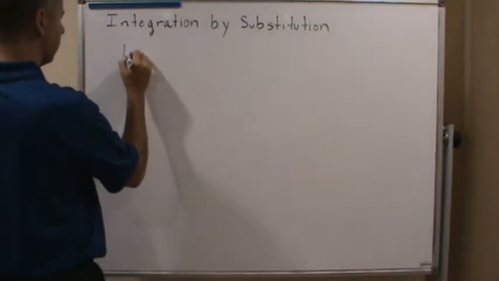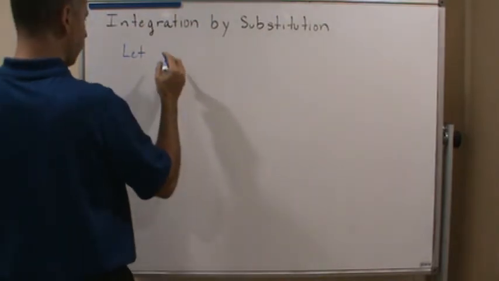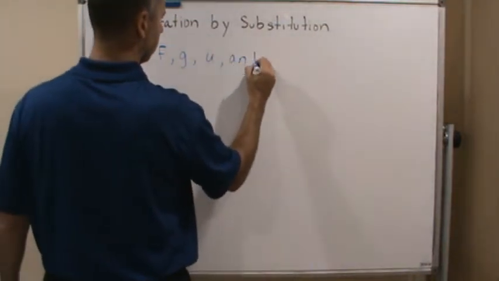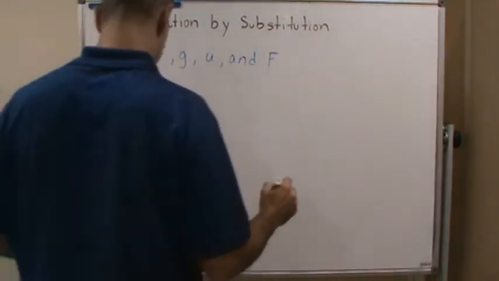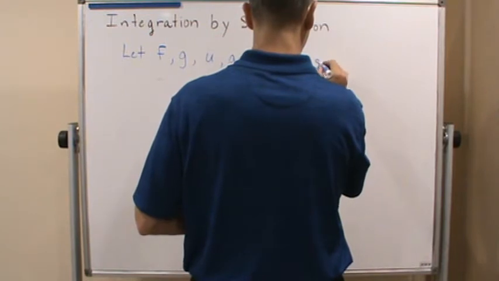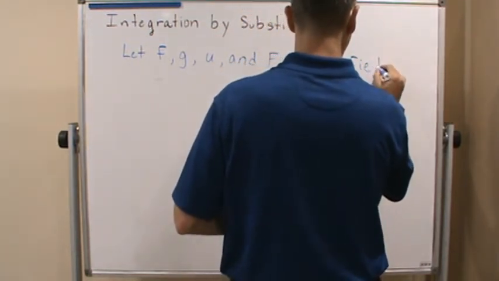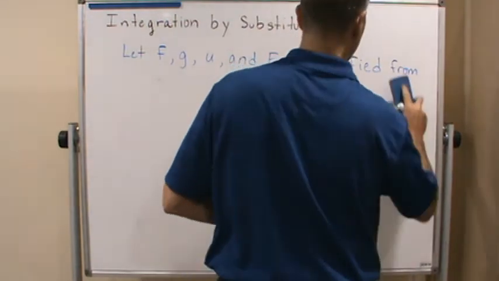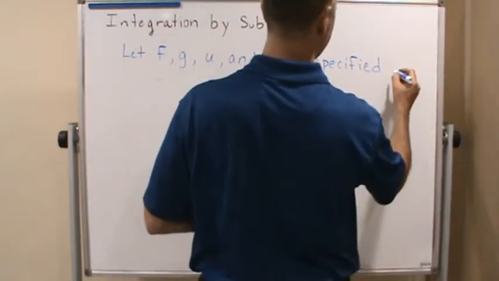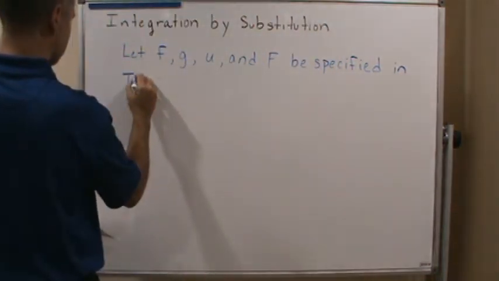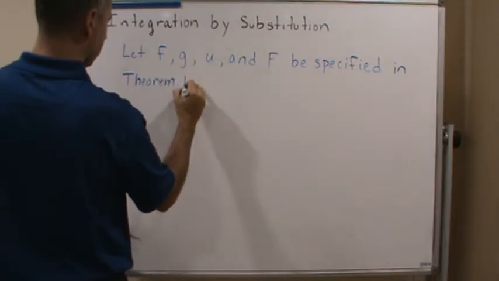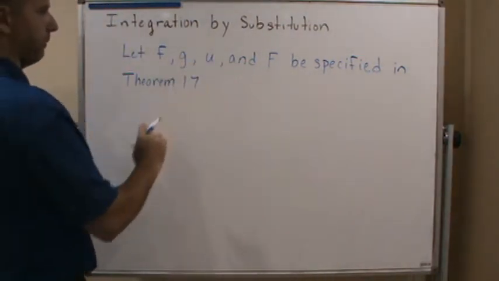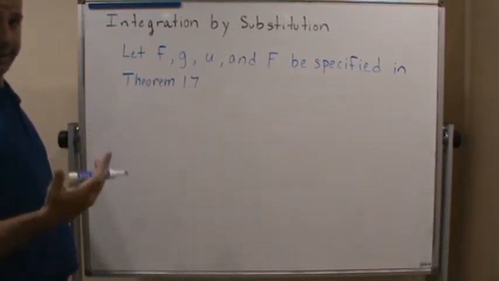So we're going to let f, g, u, and F be defined or specified as they were in the theorem.